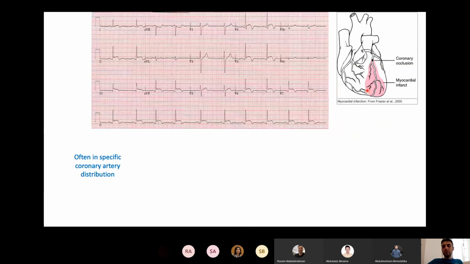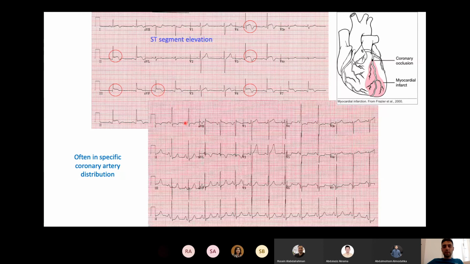Usually if it's true ST segment elevation, it follows a specific coronary artery distribution. So for example here you have ST segment changes in the left lateral leads and inferior leads. And here you have ST segment depression in your V6 and V5 and lead 1 and lead aVL, so left leads.